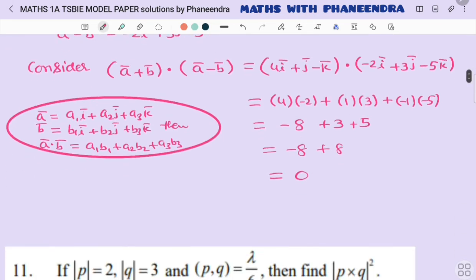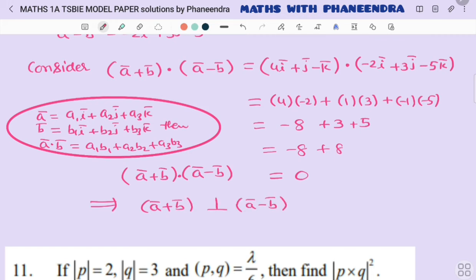So the dot product of two vectors is 0. So a bar plus b bar dot a bar minus b bar equal to 0. That implies that a bar plus b bar is perpendicular to a bar minus b bar. Hence proved, or hence the result.